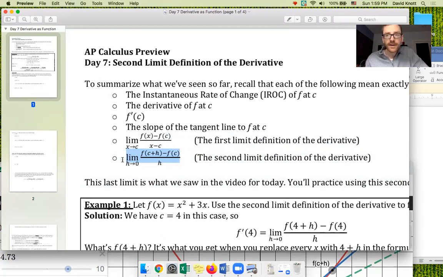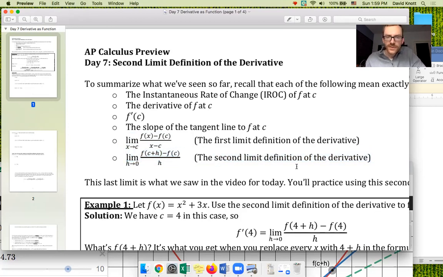And outside of AP Calculus, when you go to college, you pretty much only see this definition. This one's kind of nice, it's easier to explain where it comes from, I suppose. But this one's just much easier to actually work with. So you'll probably work with this one a lot more when you actually take calculus.